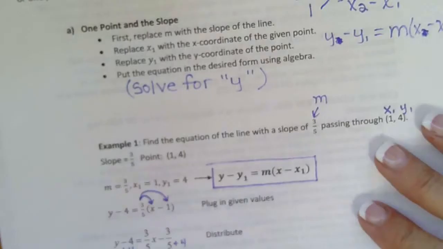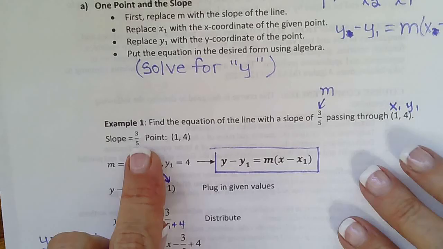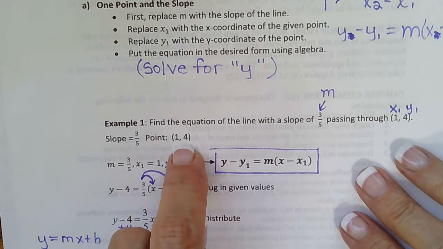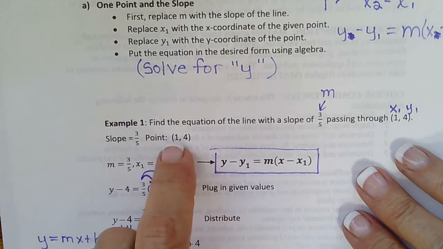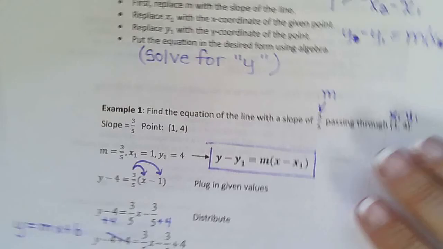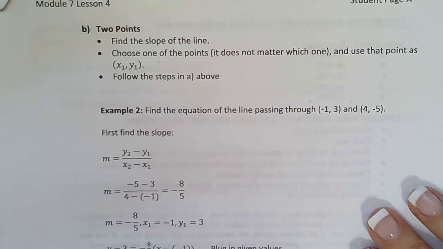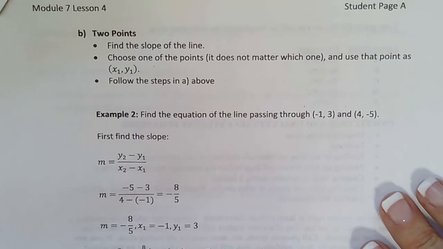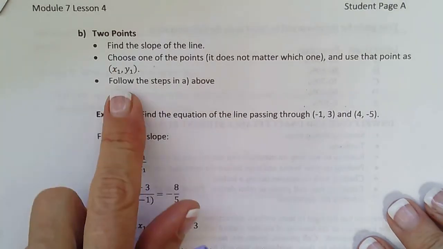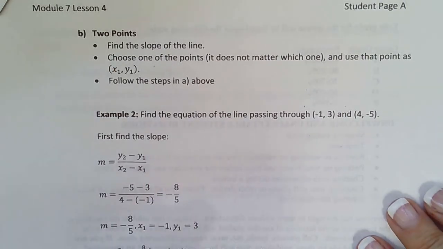Okay, so the other situation. We can use this one when we're given a slope and a point that's not the y-intercept because x isn't 0. We can also use it when we're given 2 points. This one's a little beefier, has an extra step added in, because every time I write an equation, I have to have a slope.